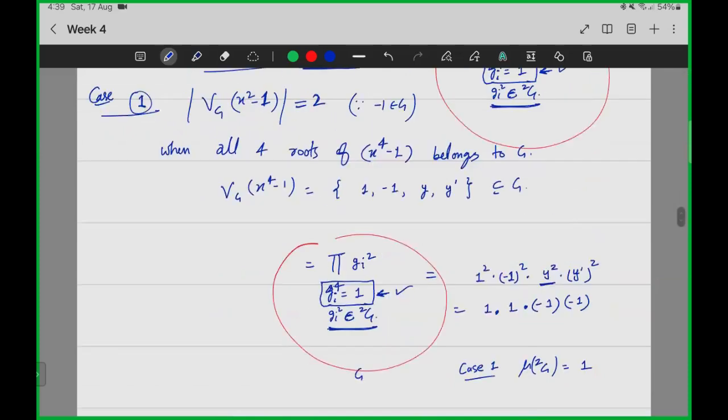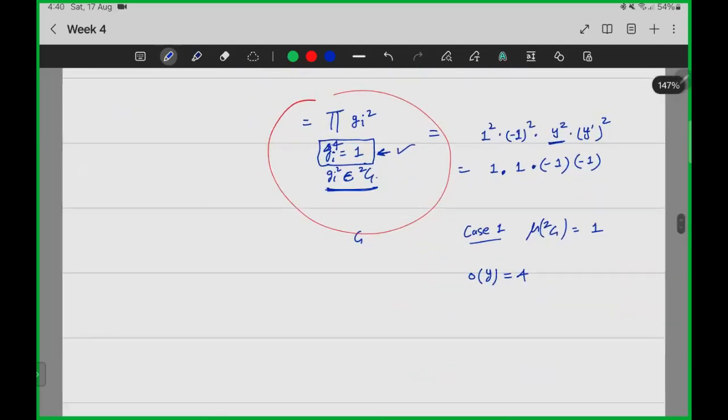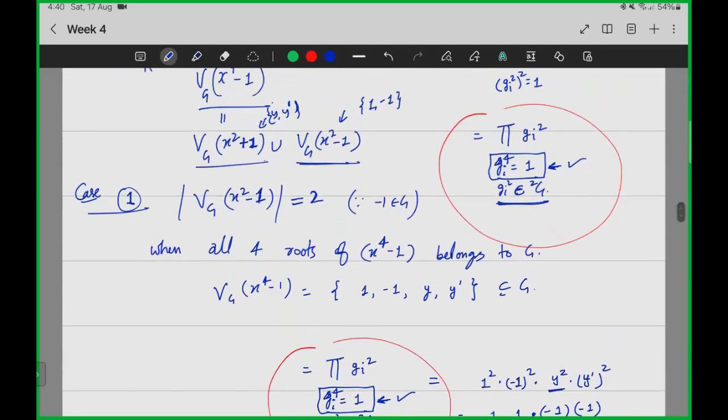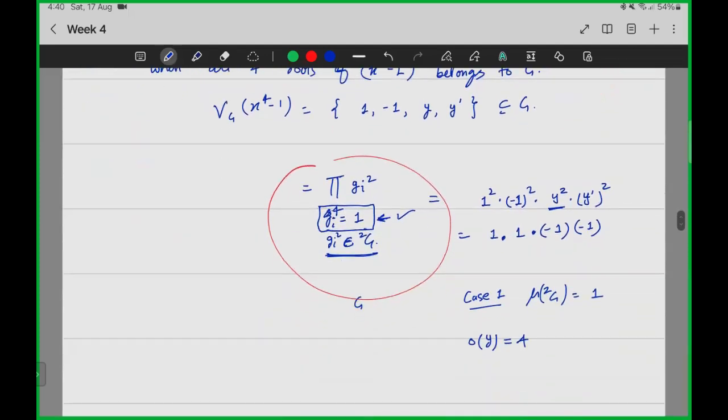Also, note the order of y: what is the order of y? 4, correct? Yes. Because y square is minus 1 and y to the power 4 only becomes 1. And by Lagrange's theorem, 4 divides the order of G.